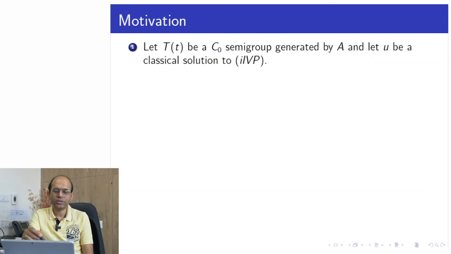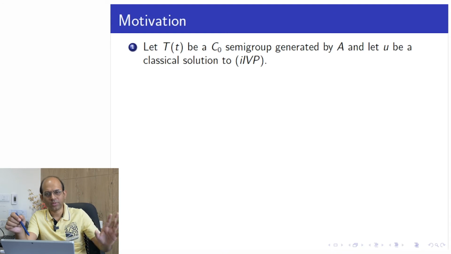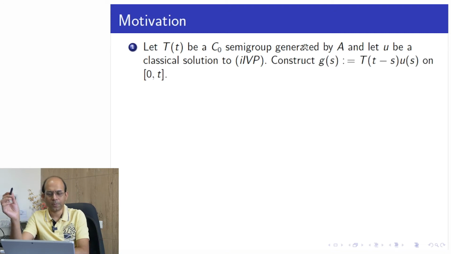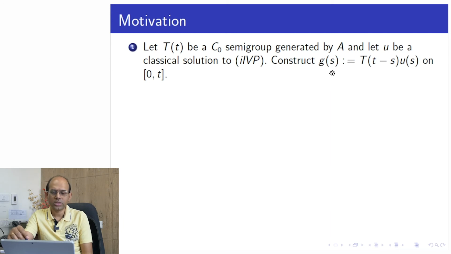So let T(t) be a C0 semigroup generated by A, and let u be a classical solution to the IIVP. Assume that the IIVP has a classical solution, which we call u, and that the IIVP involves the operator A, which is the infinitesimal generator of a C0 semigroup T(t). Now we construct a function g, where g of s, with s a point between 0 and t, is defined to be T(t minus s) u(s).